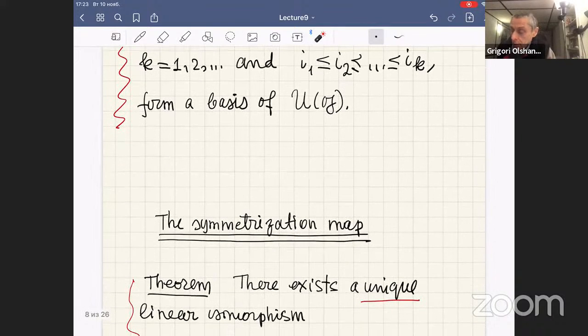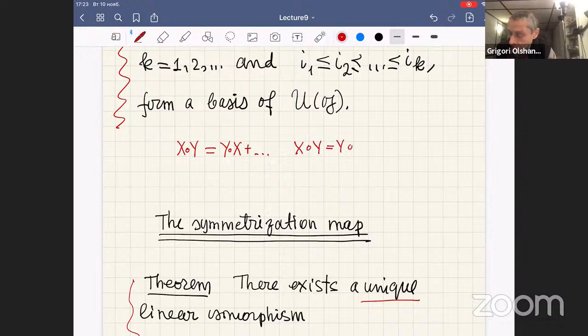So for instance, to get the flavor of this fact, assume that we have two elements and we want to reorder them. So we want to write plus something, but it's possible because this simply means that, and this is another element of Lie algebra.